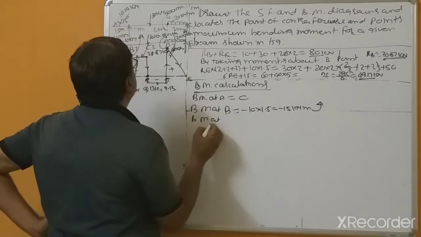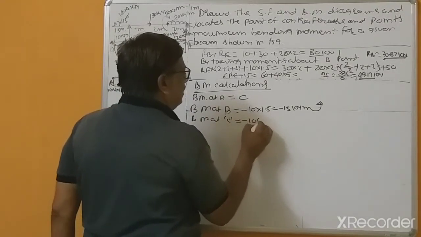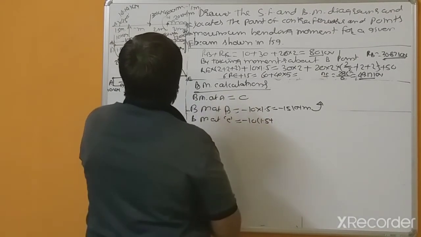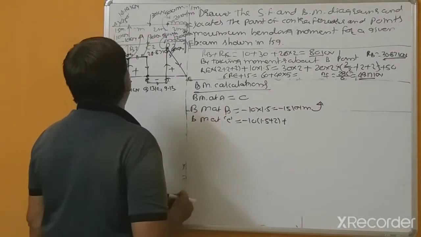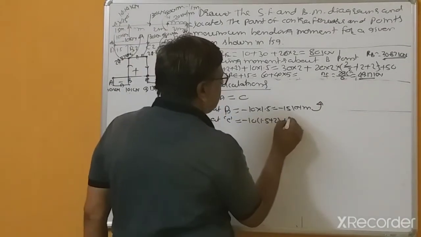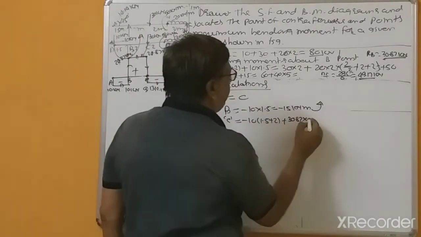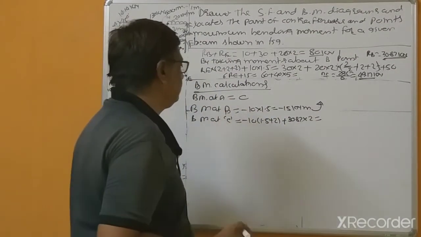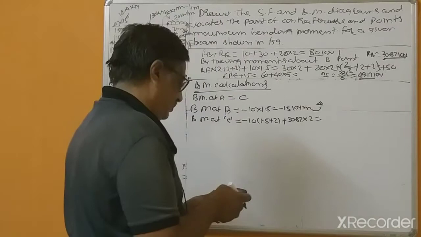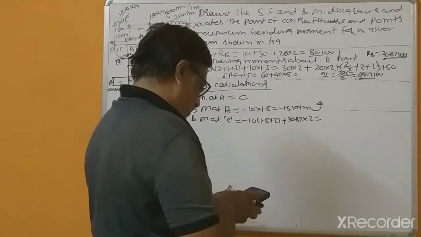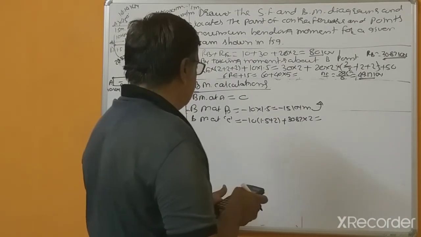Bending moment at C. Now C, distance minus 10, 1.5 plus 2, plus RB equal to 30.87 multiplied by distance 2, and this is equal to 0.87 multiplied by 2 minus 25.